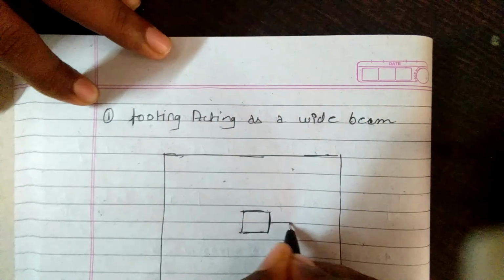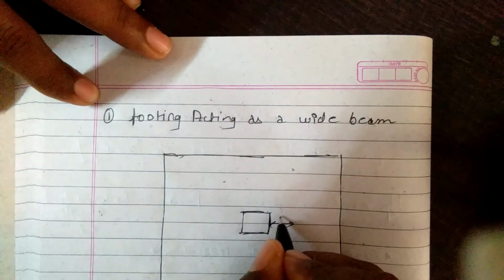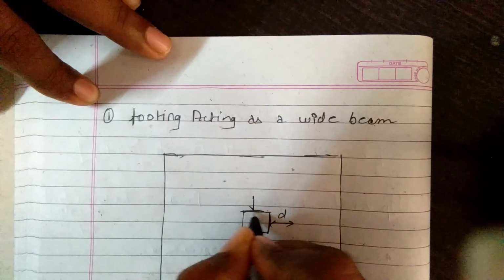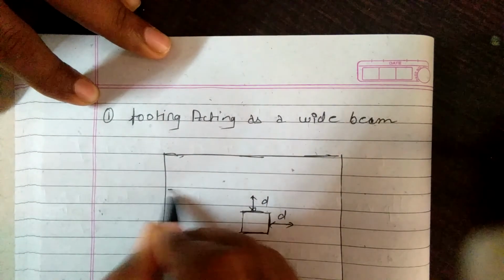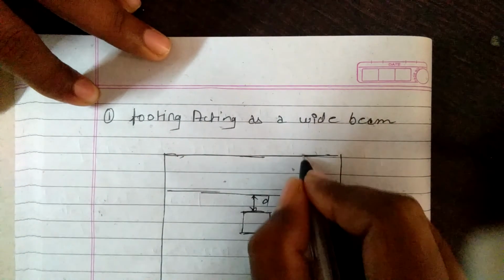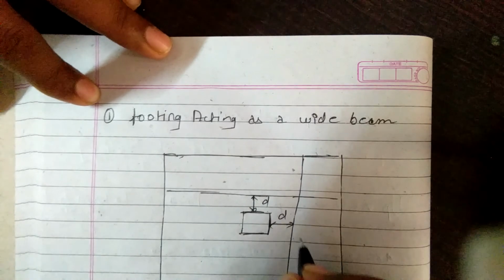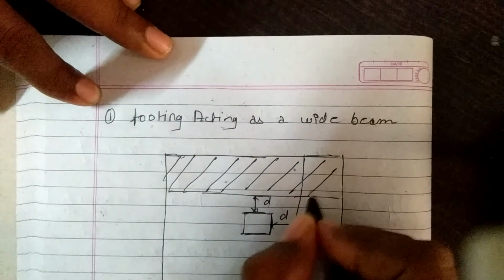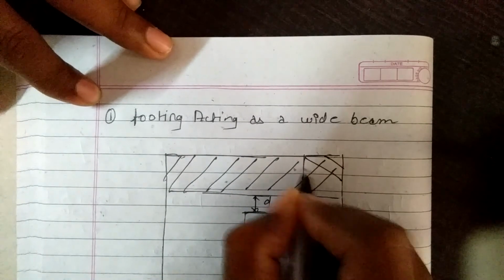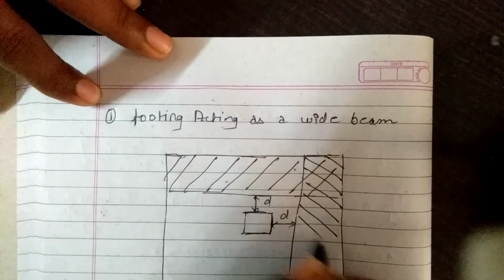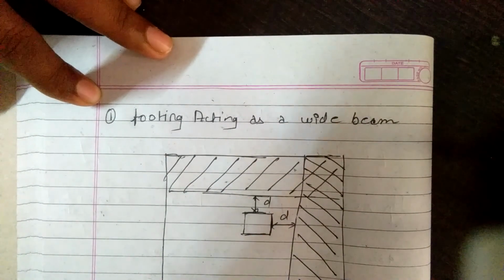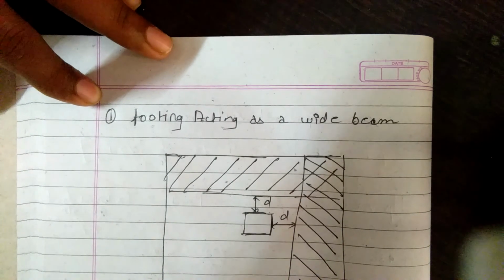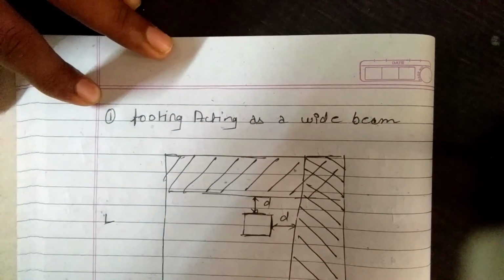Okay, at d distance, see, at d distance, the one way shear will act. Overall, this is b, this is L.